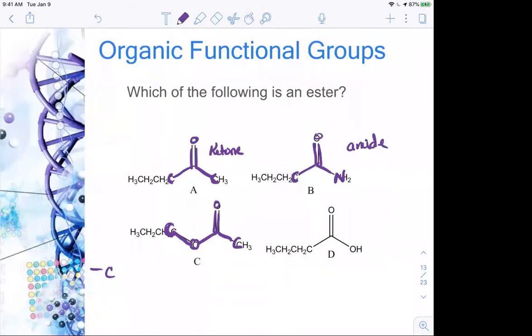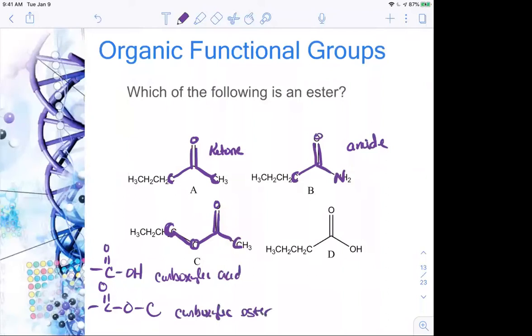Remember, COOH is a carboxylic acid. C double bond O, O, C, this is a carboxylic ester. So this is the answer. Here, double bond with the OH, this is a carboxylic acid. So this is the ester right here.